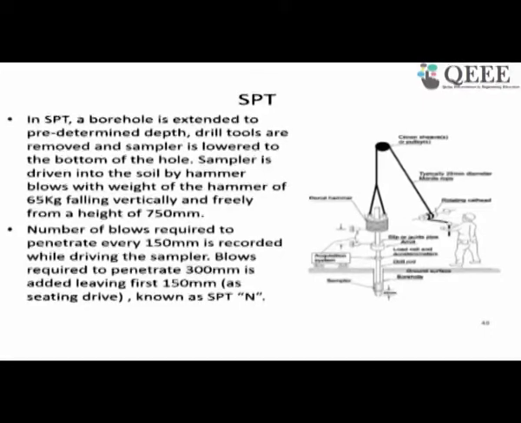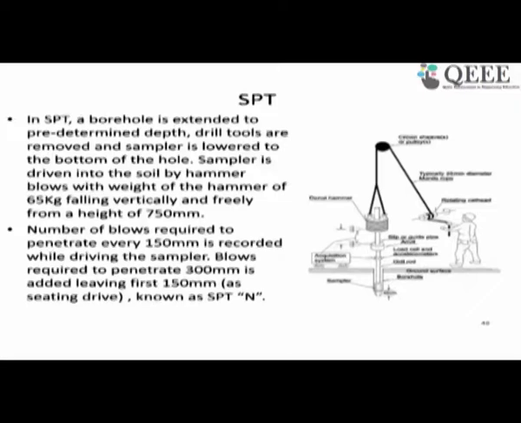The height and the weight in combination give a specific energy to the sampler, which when given gets it penetrated a particular value. The number of blows required to penetrate every 150 millimeter is recorded while driving the sampler, and the blows required to penetrate 300 millimeter are added, leaving the first 150 millimeter as the seating drive.